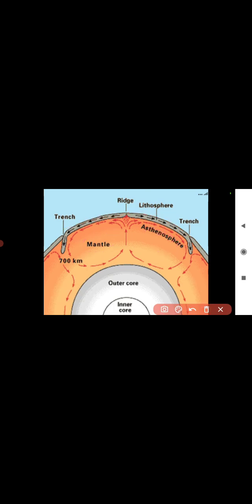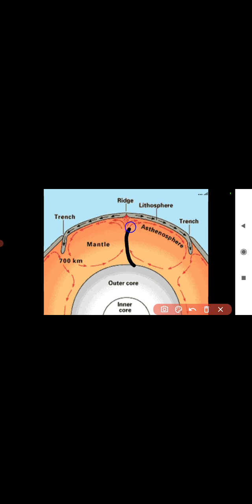When there are converging limbs, when the convection cells move together, it leads to converging continents, and the continents converge with each other or form a supercontinent.